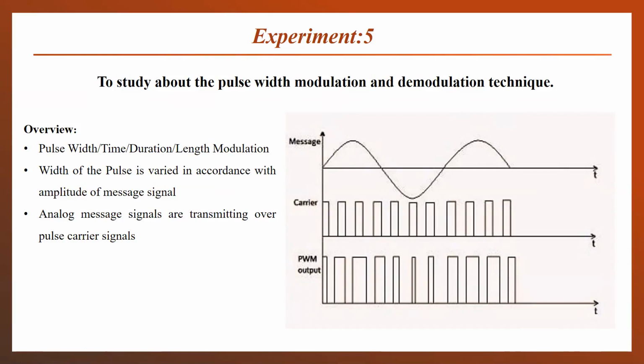Baseband transmission means low frequency transmission. These signals will not be transmitted through a wireless channel. These signals will be transmitted through a wired communication link, and the message signal will be analog. The carrier signal will be in the form of pulses.